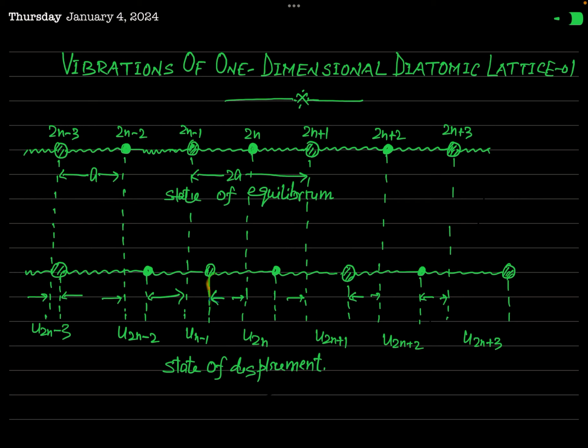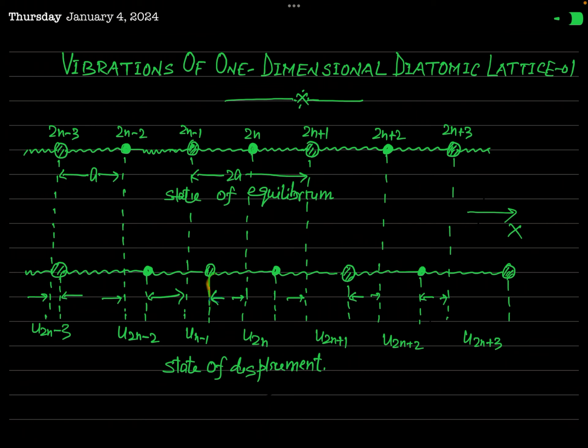And for this, you can see this figure. I have shown in this figure a diatomic linear lattice. When you say diatomic linear lattice, it means to every basis, two atoms will be attached.